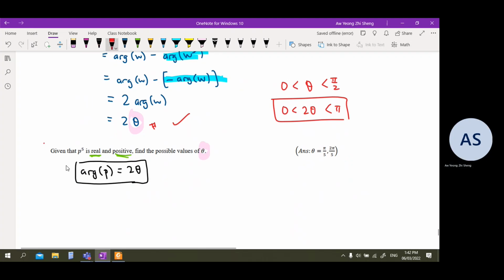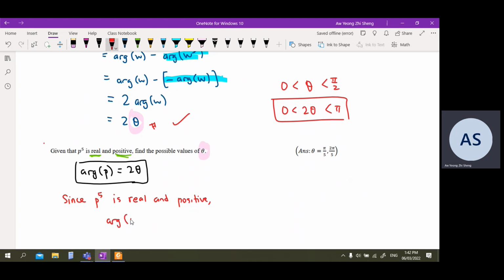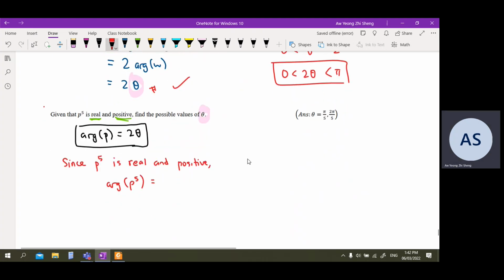Now, since p power 5 is real and positive, we can tell the argument of p power 5. Even though we do not know what p exactly is, we can tell because we know p power 5 is real and positive.